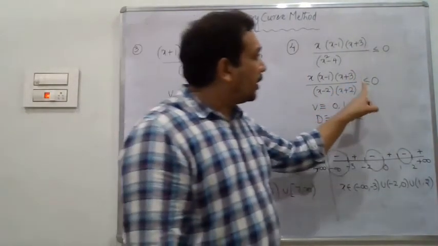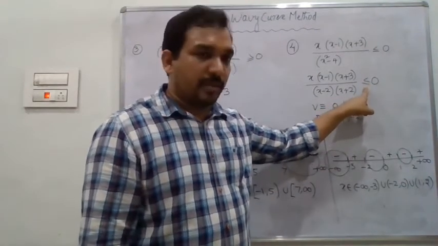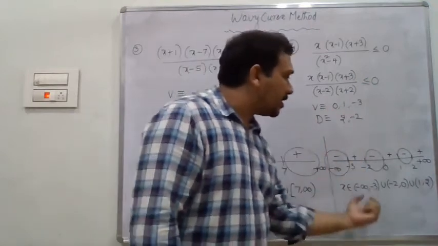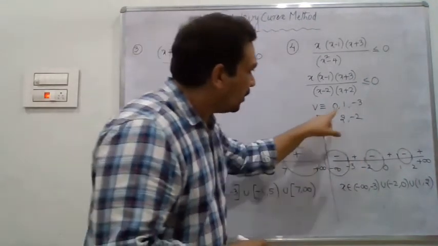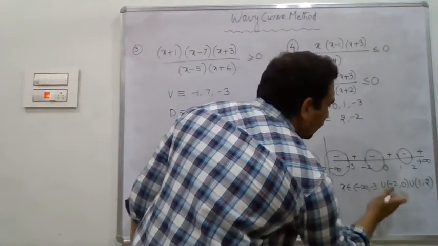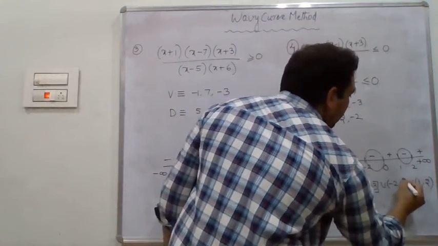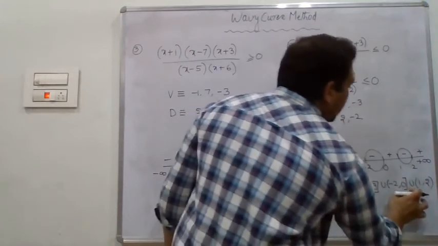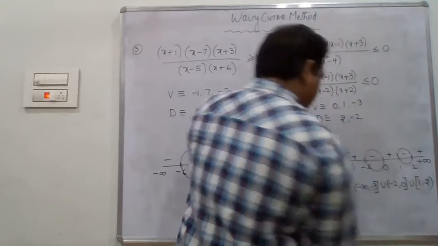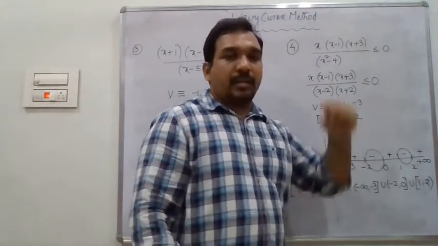But here less than or equal to 0 is there, the equal to symbol is also there, which means I need to include vanishing points inside the answer. What are the vanishing points? 0, 1, minus 3. So at minus 3, closed bracket. At 0 also, closed bracket. At 1 also, closed bracket. So this is the answer where this total expression is less than or equal to 0.